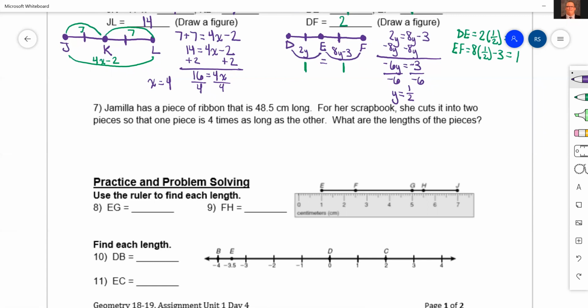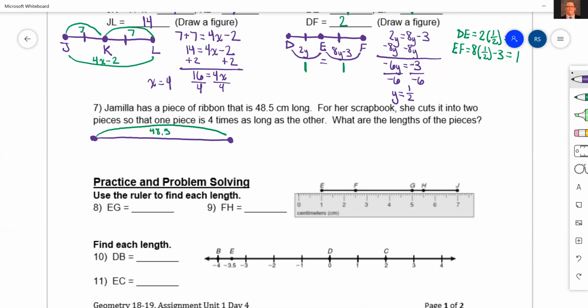So 7, it says Jamila has a piece of ribbon that is 48.5 centimeters long. So I'm going to try to draw that. A ribbon, and her whole ribbon, the whole thing is 48.5.